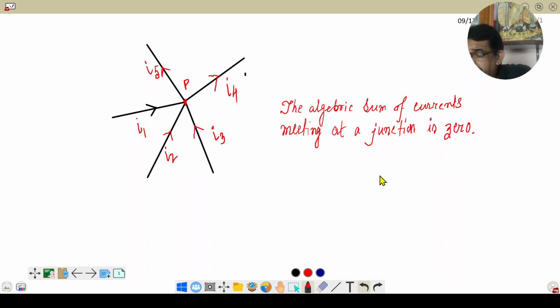This is a rule, and this rule is known as Kirchhoff's law.